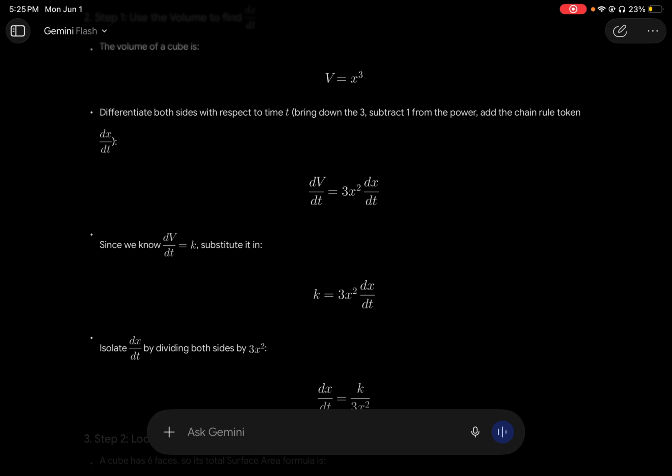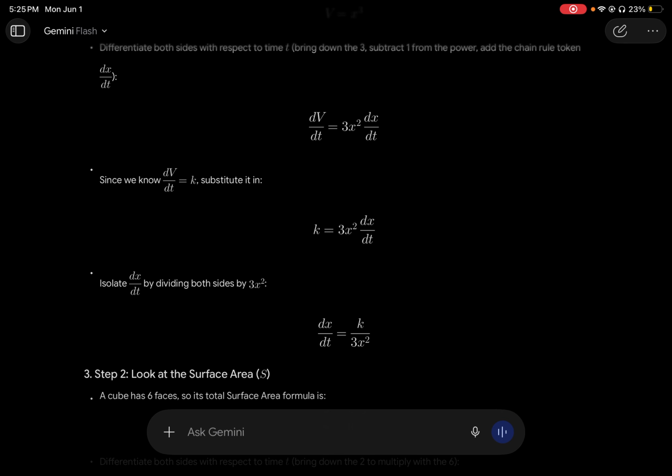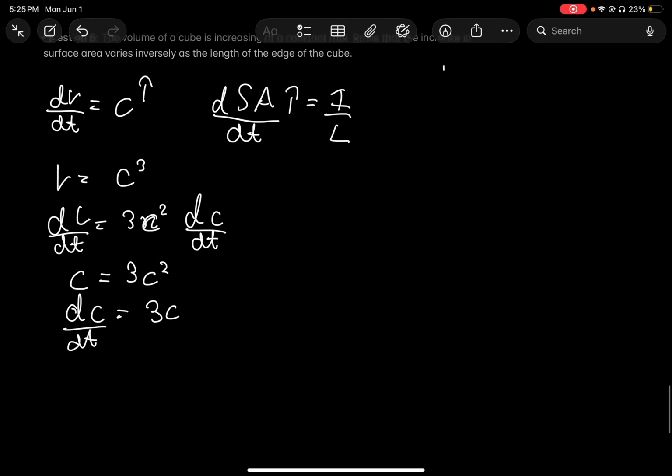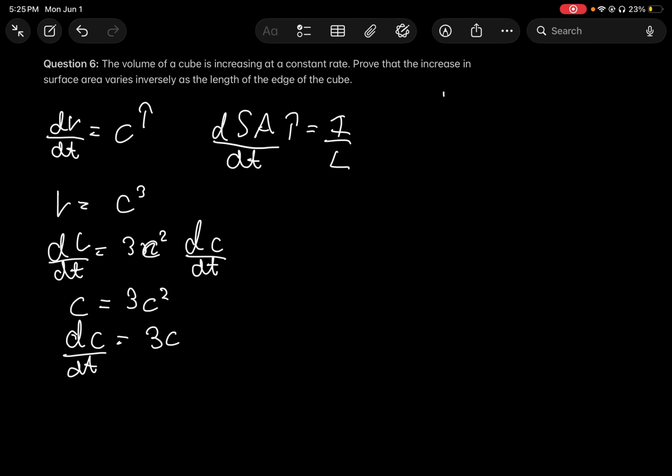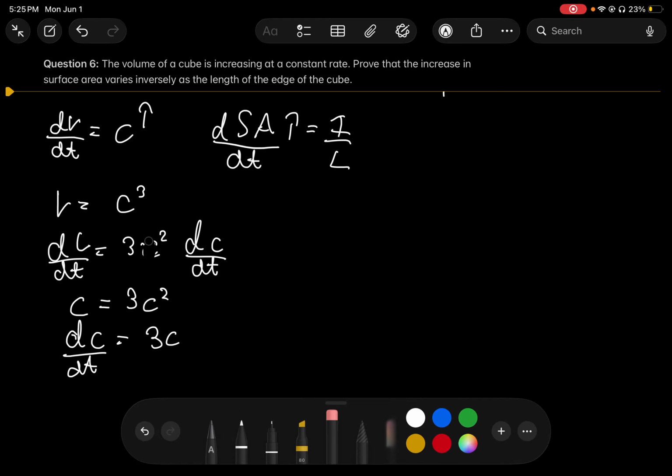Nope, I'm wrong. Derivative of 3x squared, dx by dt. This would be k, okay? Oh no, I'm right. Oh, but that is k, not c, and this should be c. Okay, it's some constant. Oh, it should be L. I'm stupid. What is this? An L cube. Let me just do it x, bro. Make my life easier. 3x.